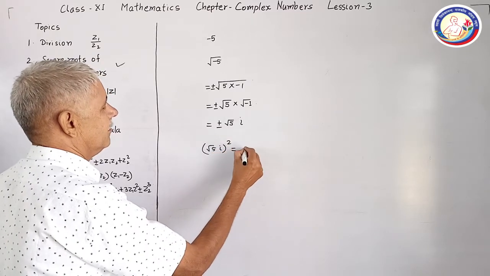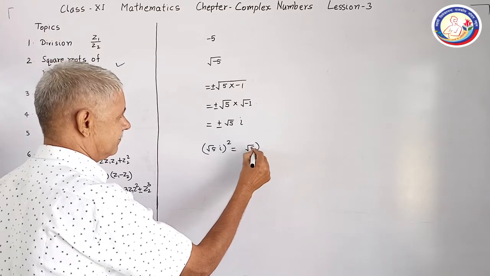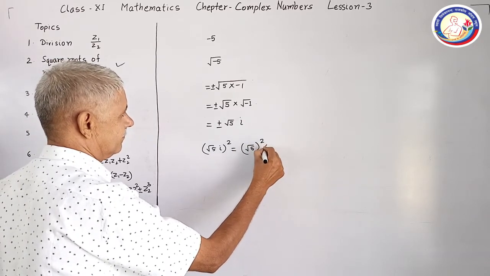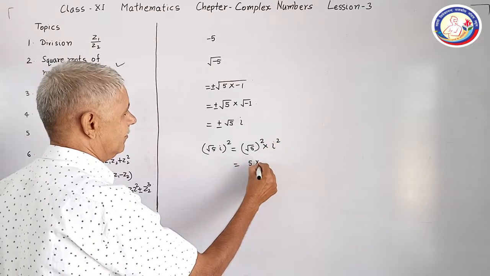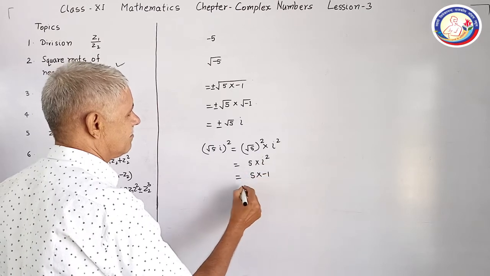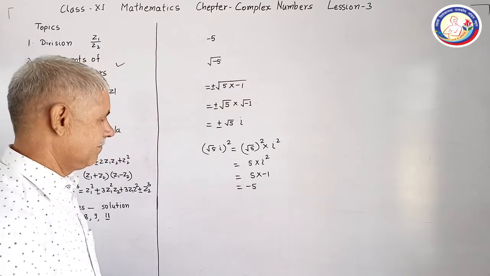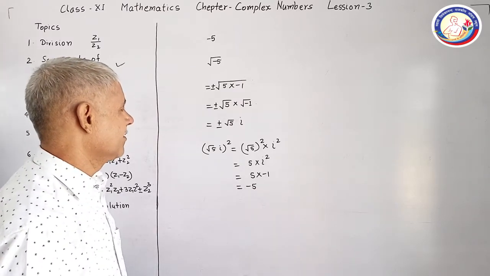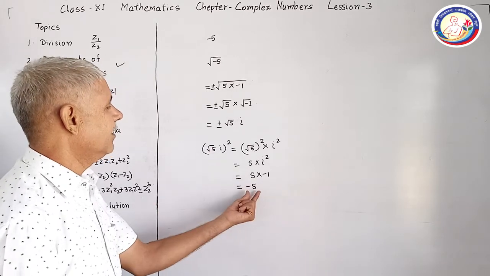Squaring, it will be 5 into iota square, that is 5 into minus 1, which is minus 5. So on squaring this, we get minus 5.